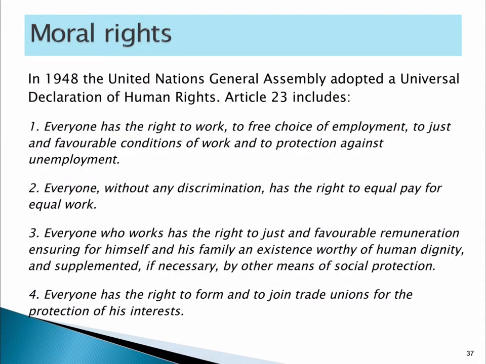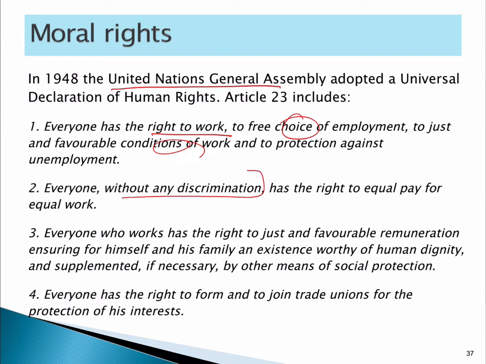The most famous use of human rights is the UN General Assembly Declaration of Human Rights. It includes a lot of rights, and we've just listed a couple here that relate more to business. Everyone has the right to work, to choose where they work, to ensure that the conditions of work are just and favourable.